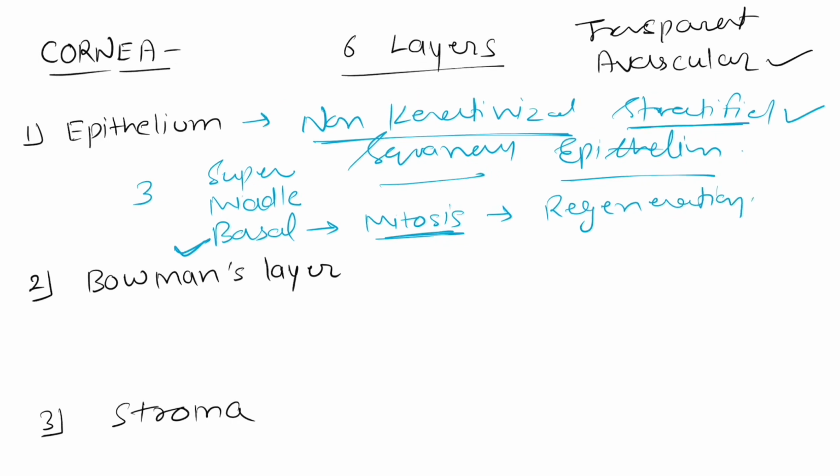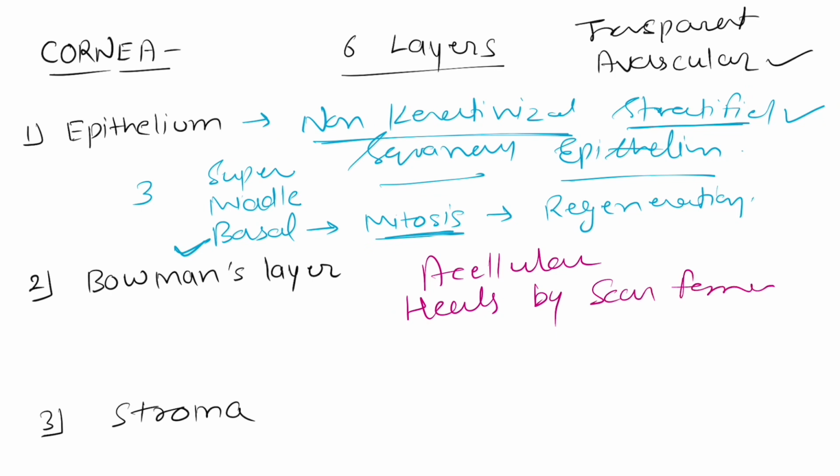Posterior to the epithelium, there is Bowman's layer. Bowman's layer is acellular, meaning there are no cells. So whenever there is any trauma, it heals by scar formation, and that leads to corneal opacity.